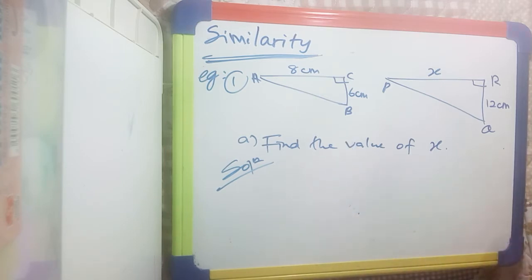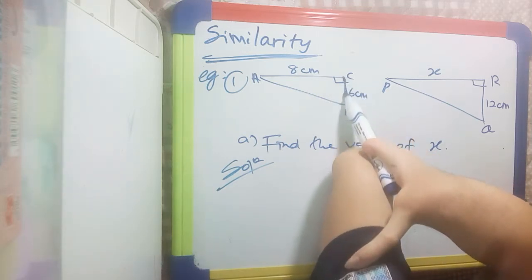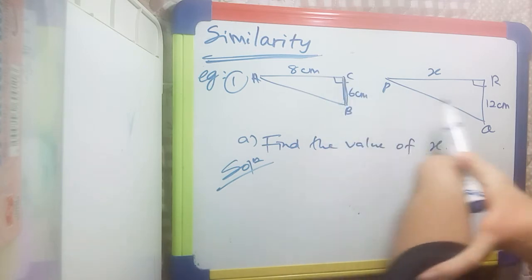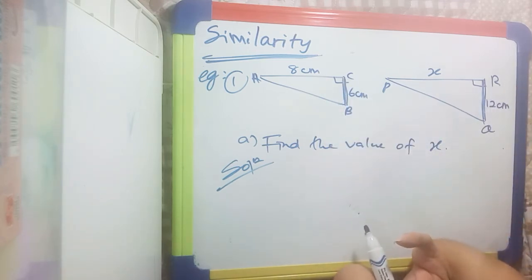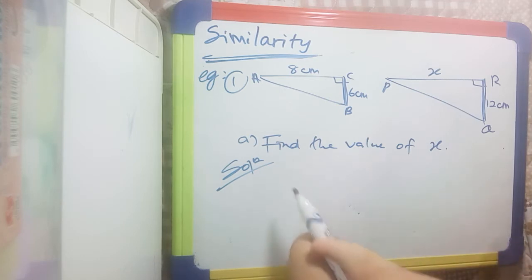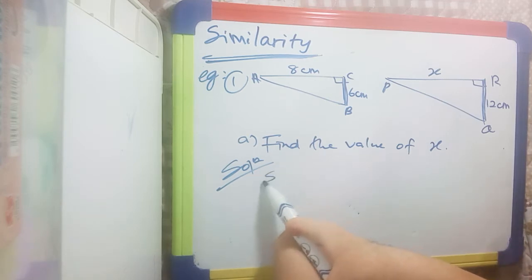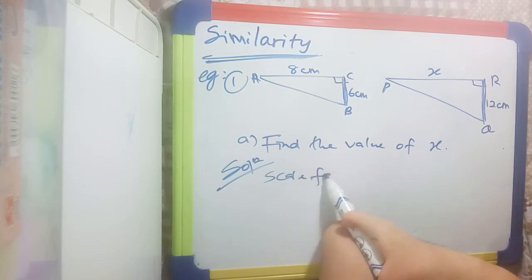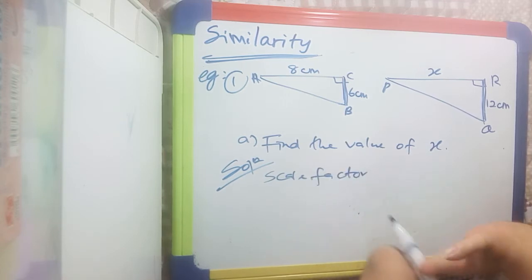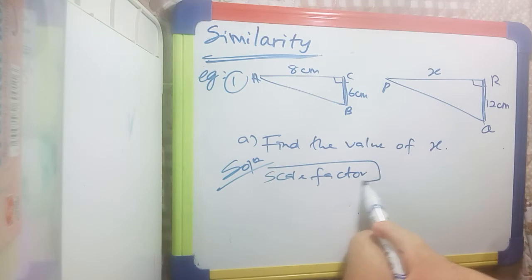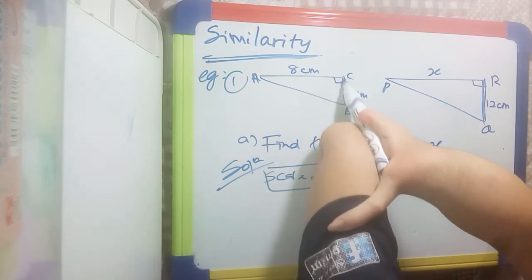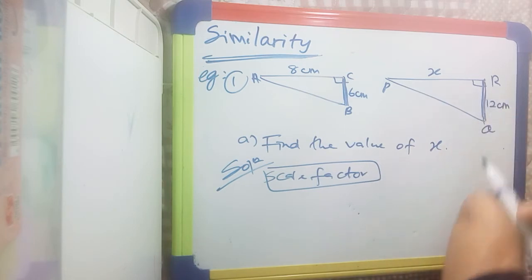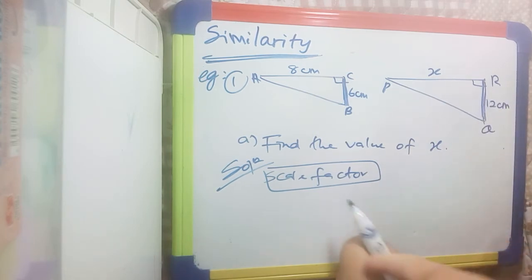What does it mean by corresponding sides must be in proportion? Look over here. First of all, I need to find the scale factor of enlargement. What is the scale factor of enlargement? First of all, look at the side CB and the side RQ.